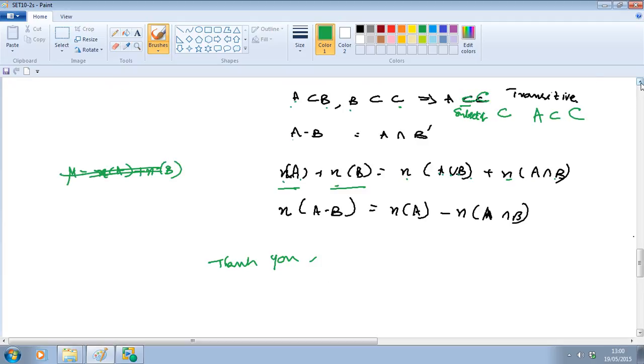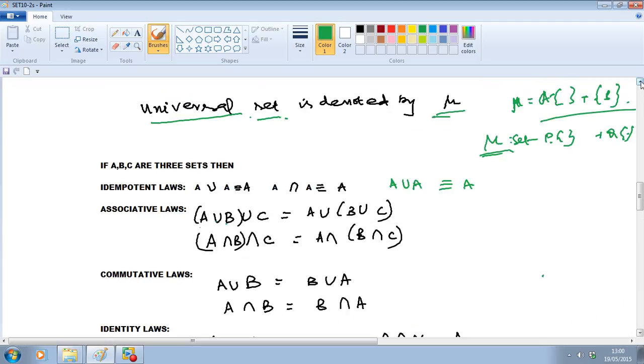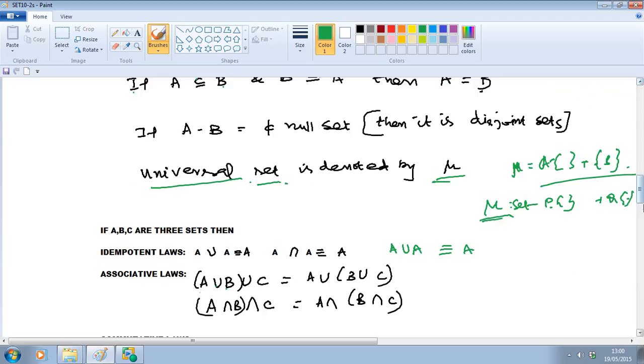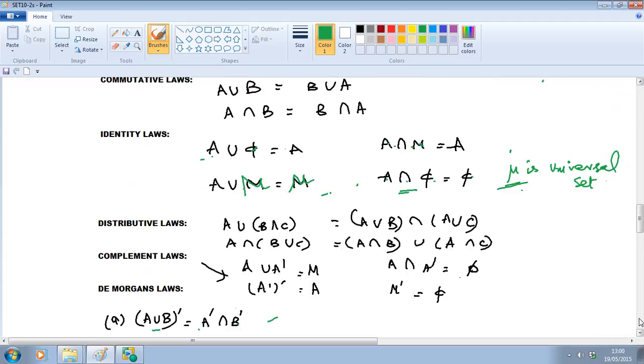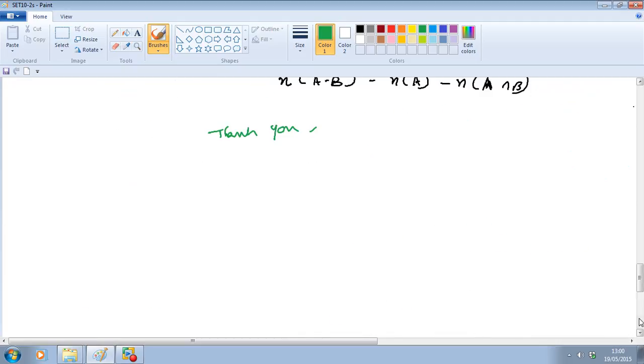Please repeat the formulas so we'll be familiar with what union, intersection, subset, null set, and mu, the universal set, are, and the idempotent and associative laws that we normally apply in all the arithmetic problems. While doing the problems, we will be remembering certain things.